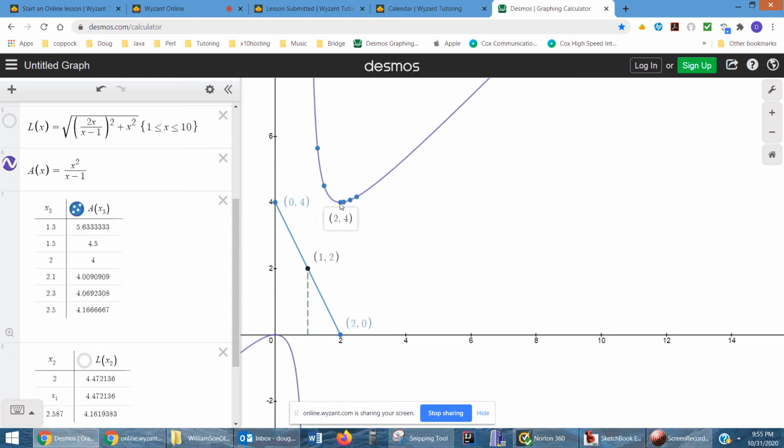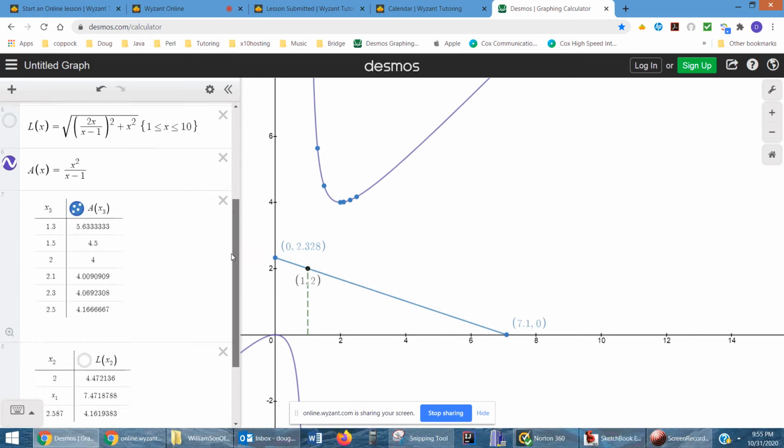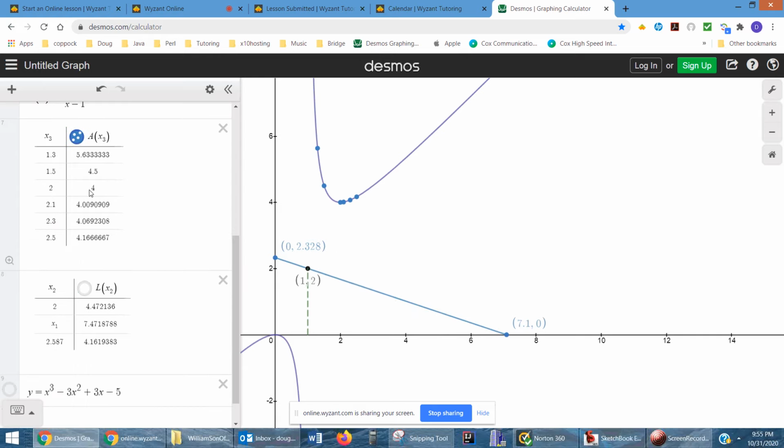So that's the minimum value right there when x is 2, y is 4. And you see that the minimum area is also 4, 2 by 4. If I slide this area this way, the area gets bigger and bigger. So when x is 2, we get the smallest y value, or smallest area.